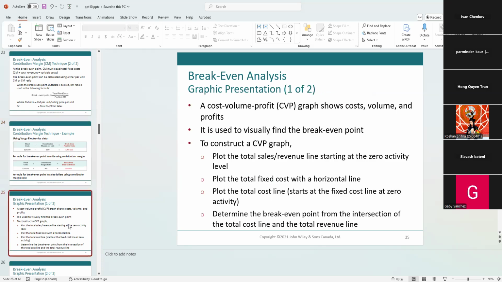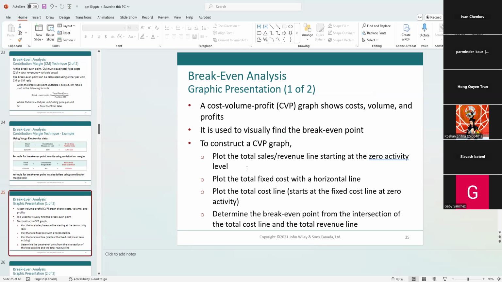And the last thing left to explain is the last method that we can use for break-even, the graph method. How are we going to do the graph method? Again, we're going to have one graph, one line for the sales price, one line for the variable cost, one line for the fixed cost, and we're going to see how exactly that works.